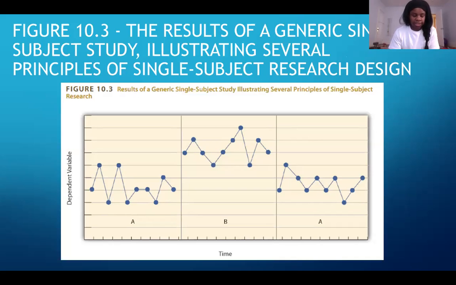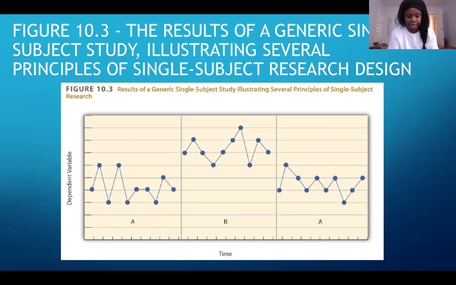Our next section goes over single subject research design specifically, okay? In this next section, which we're going to start off with figure 10.3, Paul Price is going to describe the basic elements of single subject research designs. He's going to show us how to design simple single subject studies using reversal and multiple baseline designs.